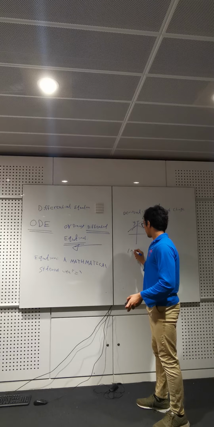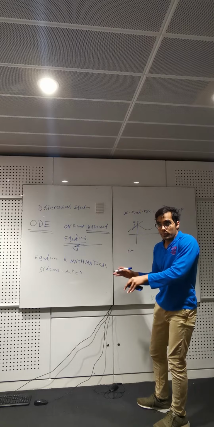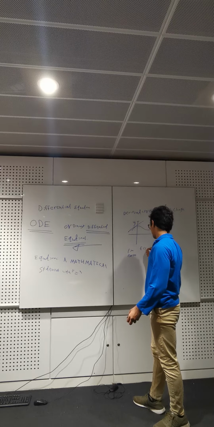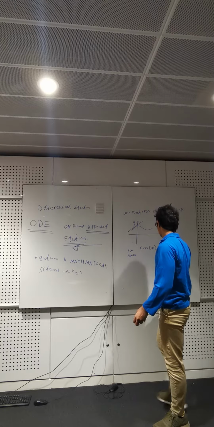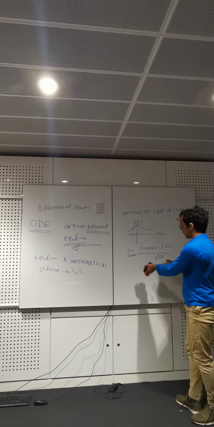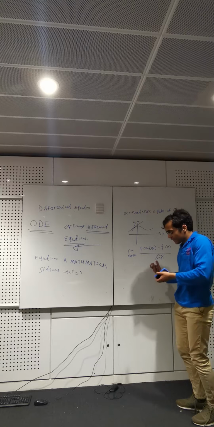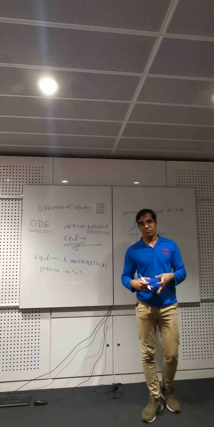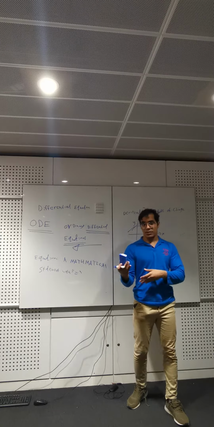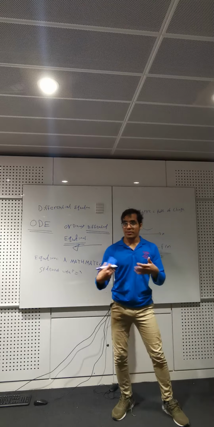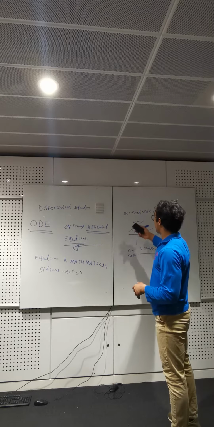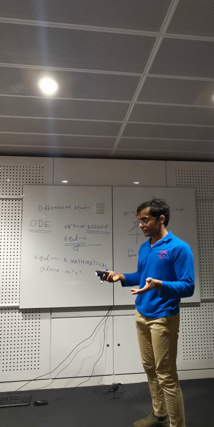Mathematically speaking, using math symbols, the derivative is written like this. This is the derivative, and then the derivative is a function. So again, as I said in the calculus course, you can take the derivative of the derivative function, which will be the second derivative. So this is what's meant by differential, meaning it involves a derivative.